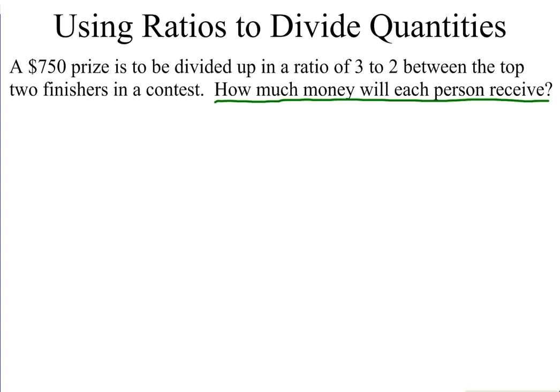In this case we have 3x plus 2x. One person is going to get 3 times as much as the other one, but we know the total prize money has to equal $750. Add those together. We get 5x equals 750, divide, and we get x to be 150.